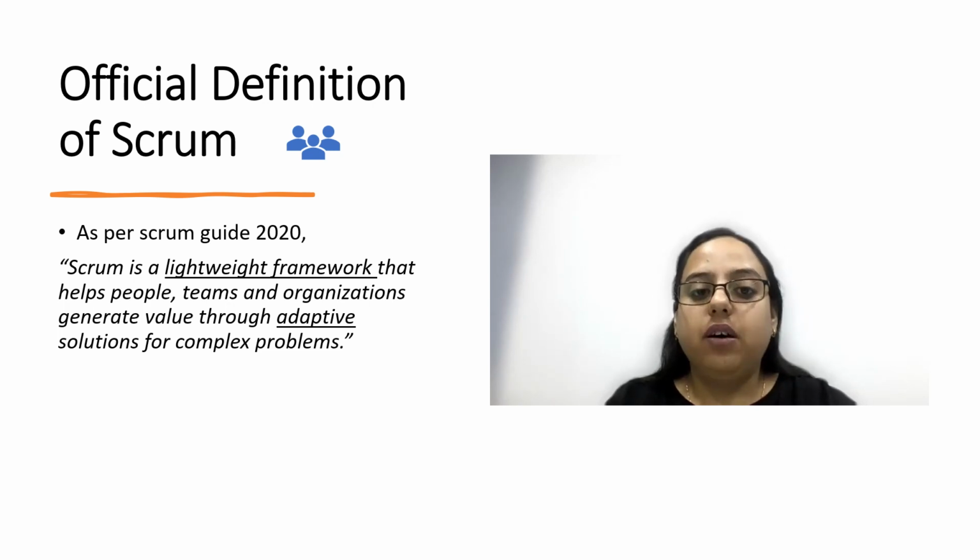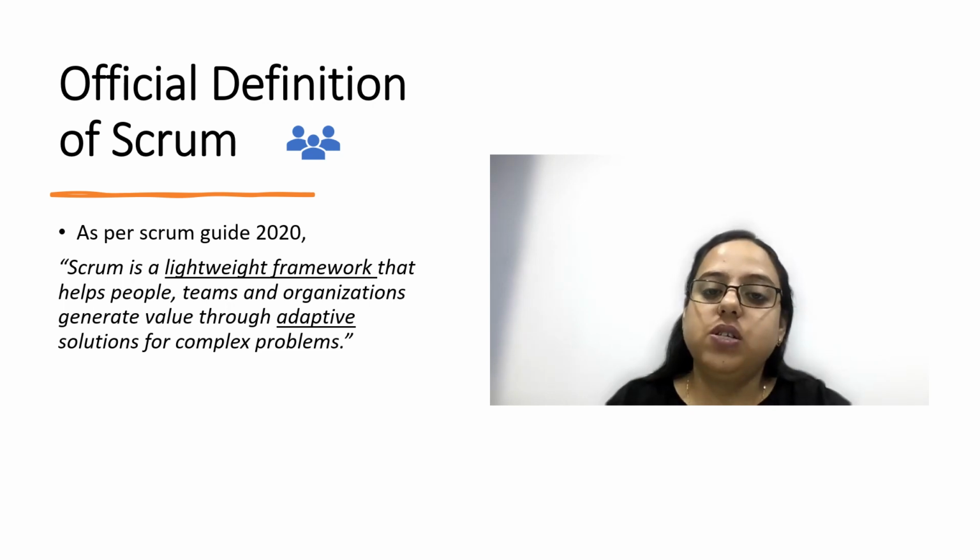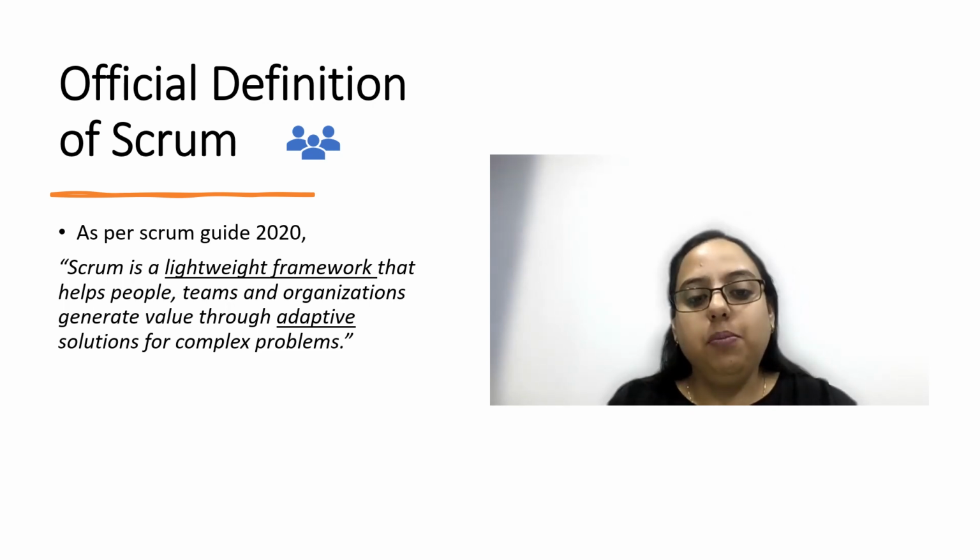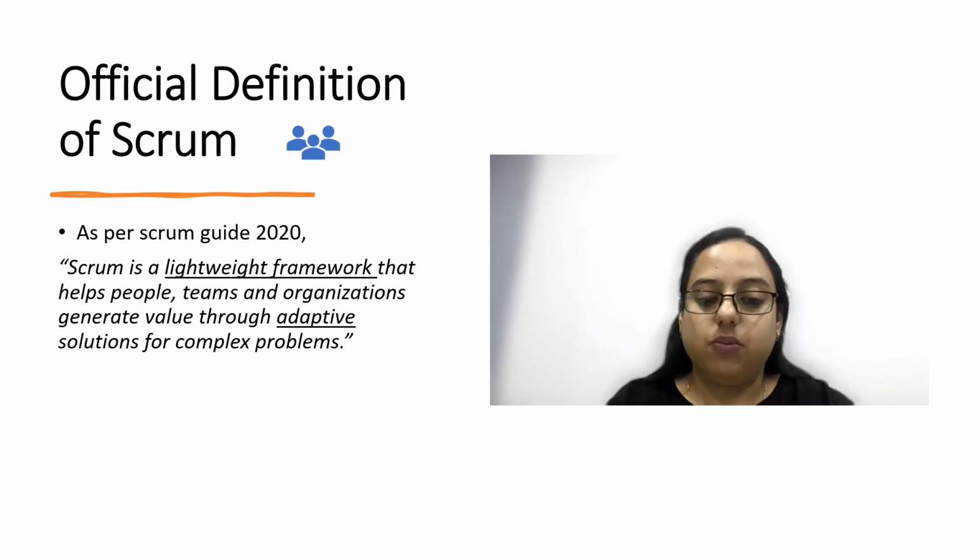We develop something that is of use for the customer and we demonstrate that to the customer. Based upon their feedback, we make changes or improvements in that product. So we keep on adapting not just our ways of working, but also the product. We try to keep customizing the product, tailoring it as per the needs of the customer.